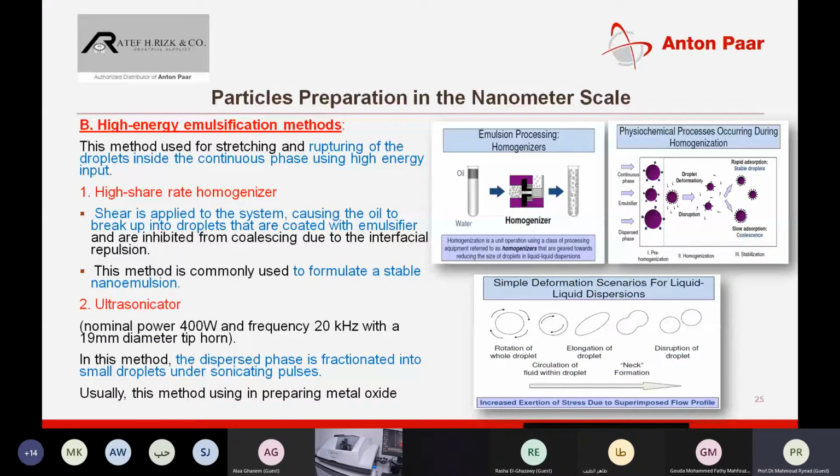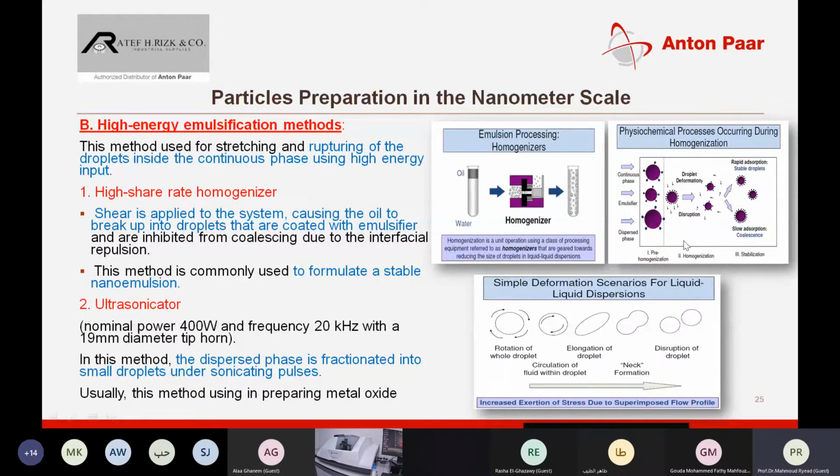The first is the high shear rate homogenizer. Shear is applied to the system, causing the oil to break up into small droplets that are coated with emulsifier, like this. This technique is used to formulate a stable nanoemulsion.